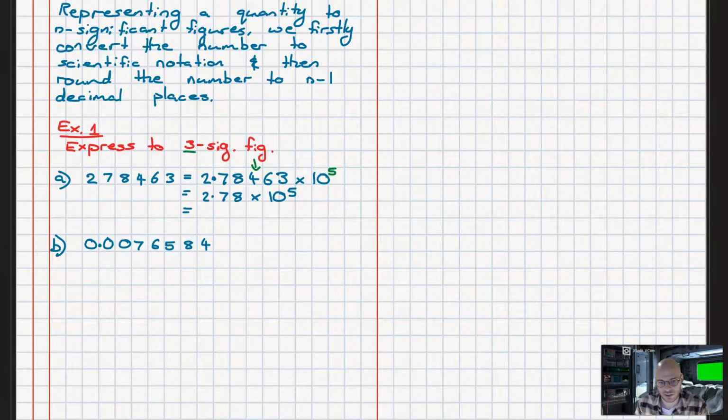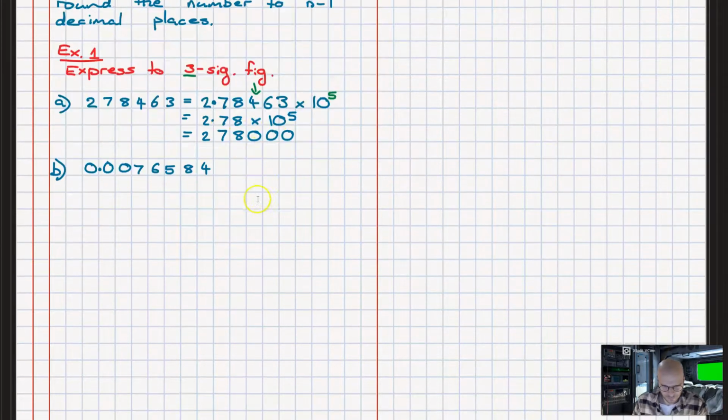So if we want, we can convert this back to standard notation by going 2, 7, 8, and then we go 1, 2, 3, 4, 5. So what we effectively do is we change 278,463 to 278,000. So in doing so, we change a number that looks a little bit complicated to something that's a bit easier to digest.